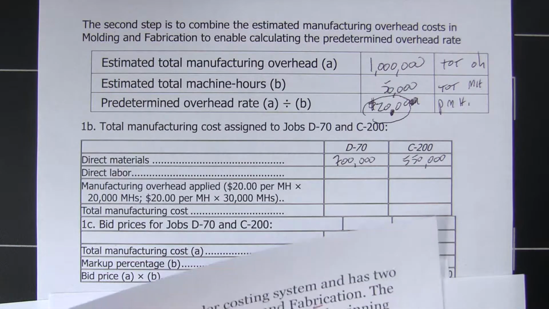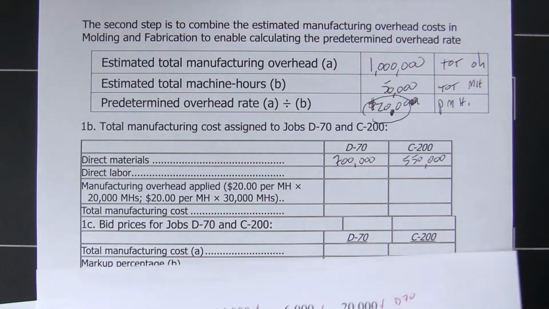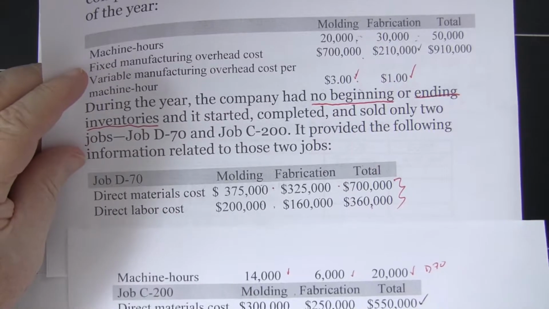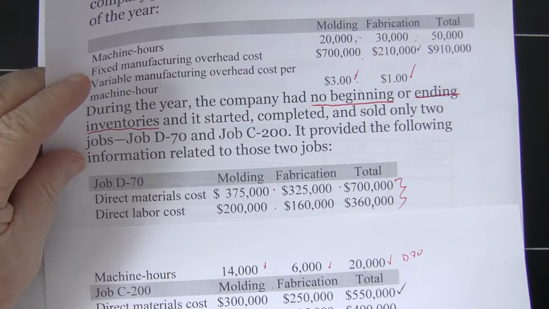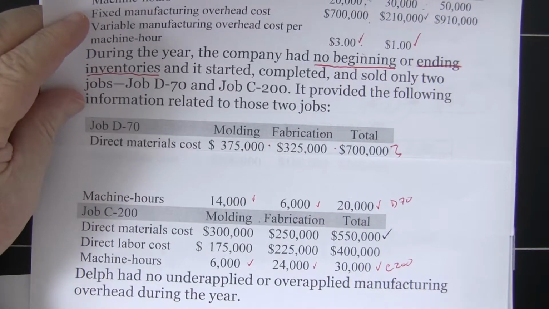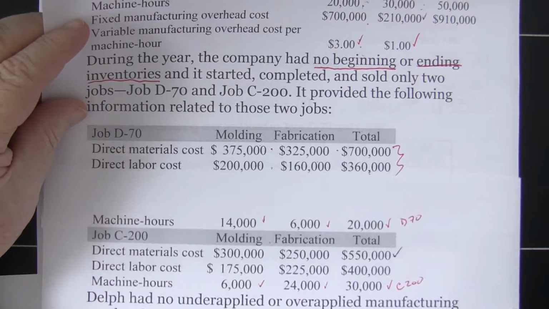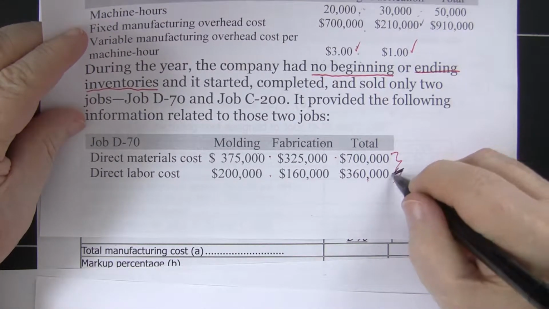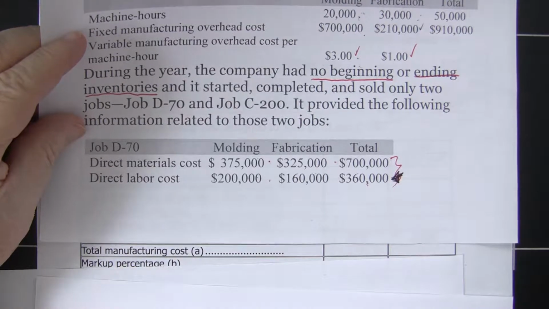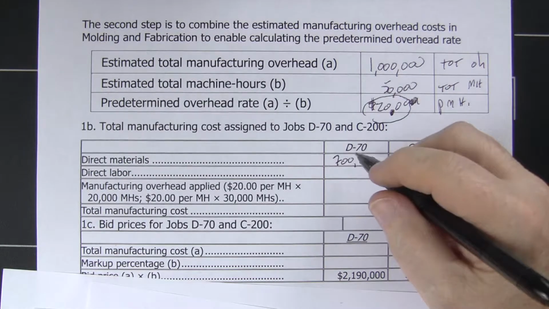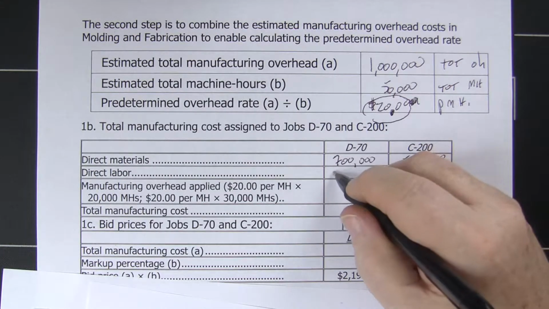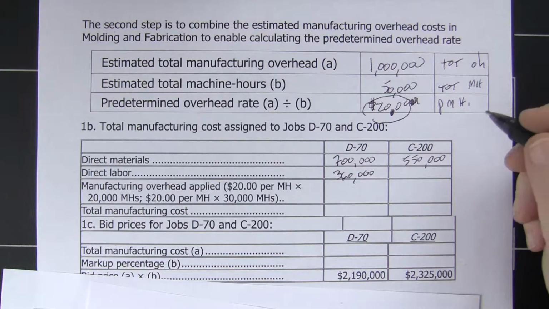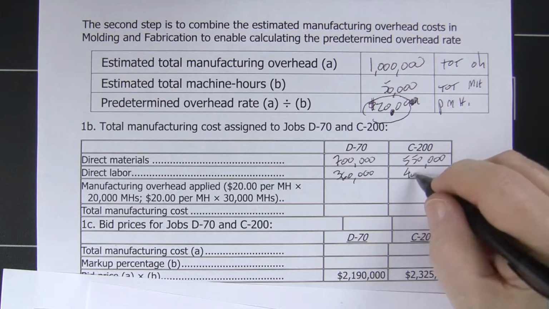The direct labor cost for job D70, right there, 360. And the direct labor for C200, 400,000.